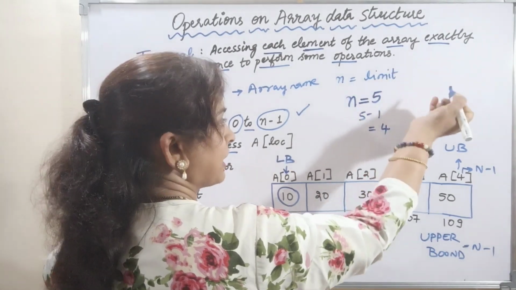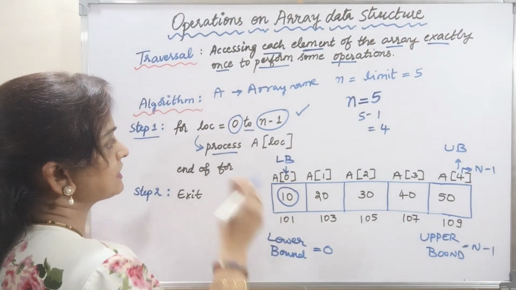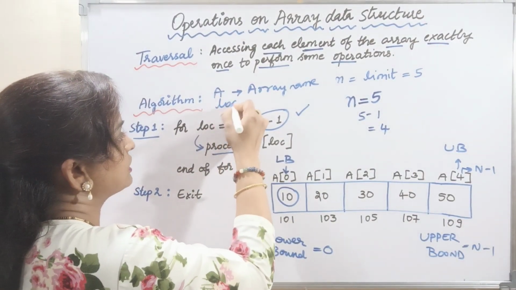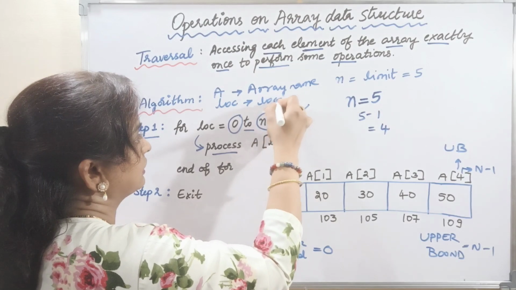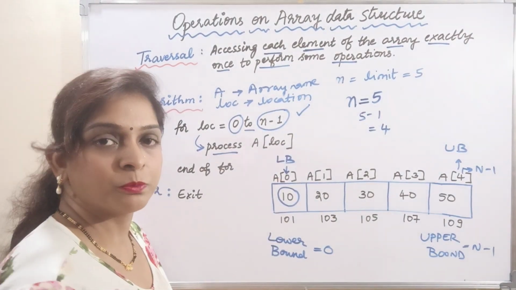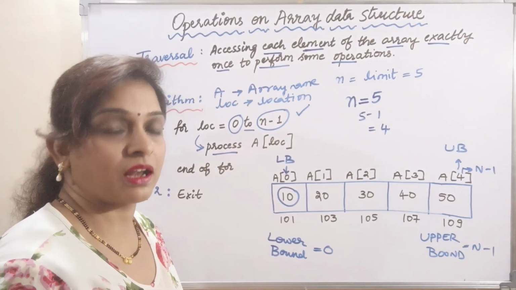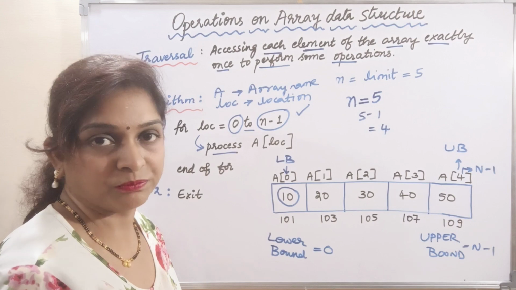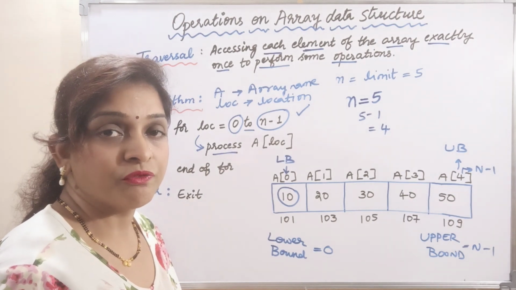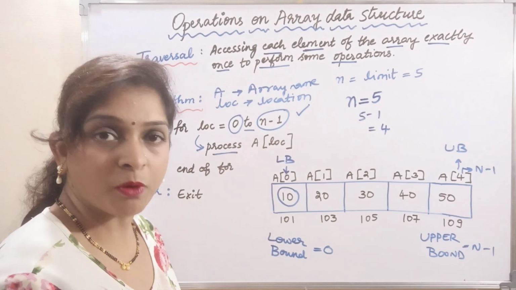For example, the limit is 5, and LOC is the location. An algorithm is nothing but the step-by-step procedure or instructions that we write to solve a given problem. It is well-defined procedural steps to solve a given problem.